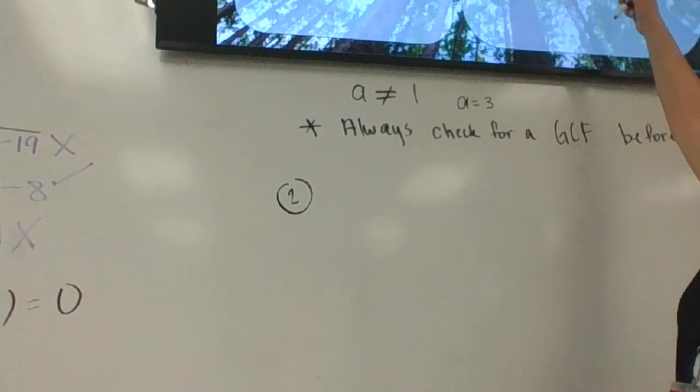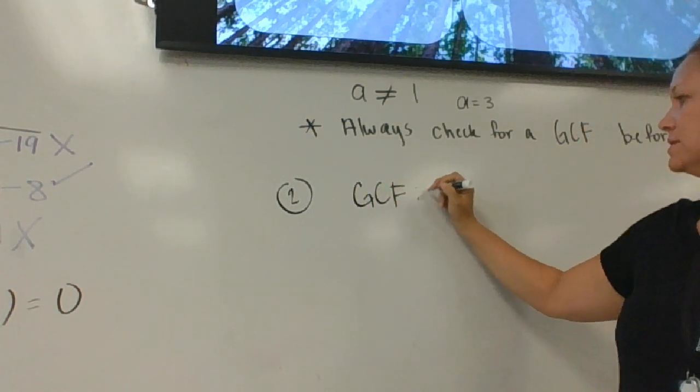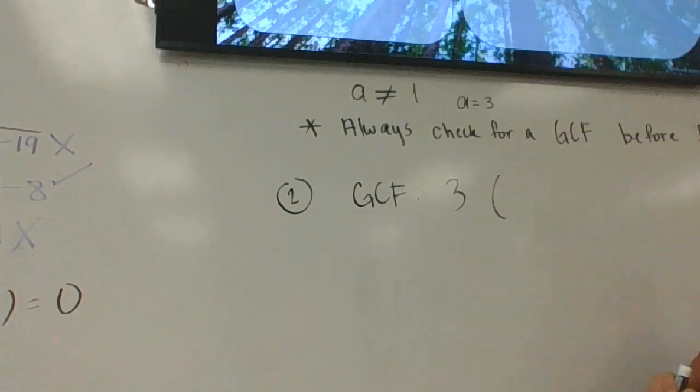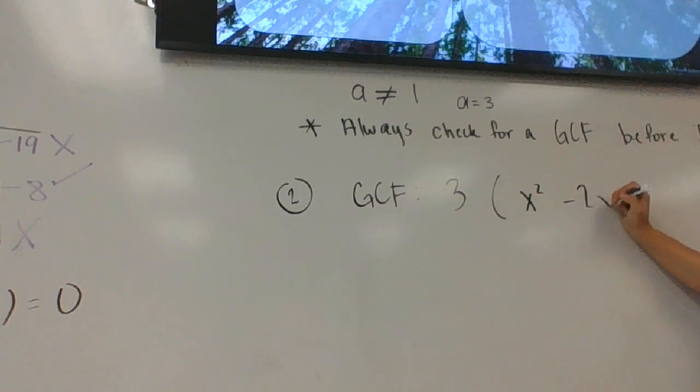So because 36 and 105 all divide by 3, we can reduce all of our numbers. So if I take a 3 out of 3x squared, it's just x squared. 6 divided by 3 is 2. And what is 105 again? Okay, it works. Okay, good.